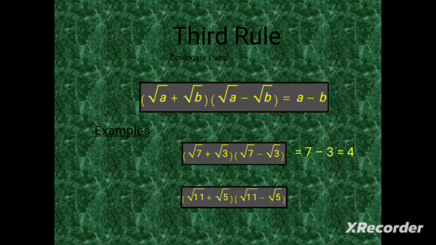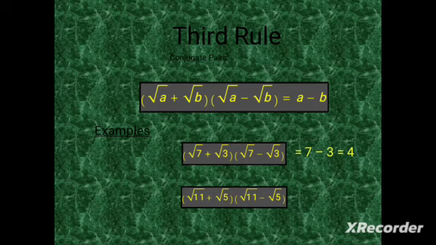Now, this one will be 7 minus 3, because in our question, a is represented by 7 and b is 3. We said it is a minus b, so our a is 7 and b is 3. Now, the answer will be 4. You can also try to expand it. Use the expansion method. You will just get to the same answer, which is 4. So this is a shorter way of simplifying this.